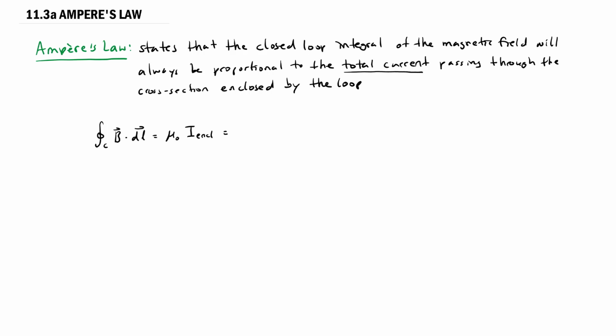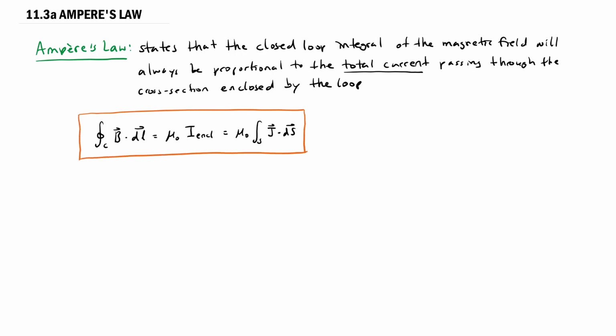So total current can be rewritten as the surface integral of J dotted with dS. So these are the different ways or formats of Ampere's law.